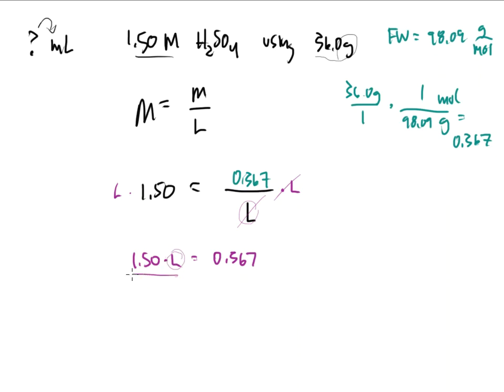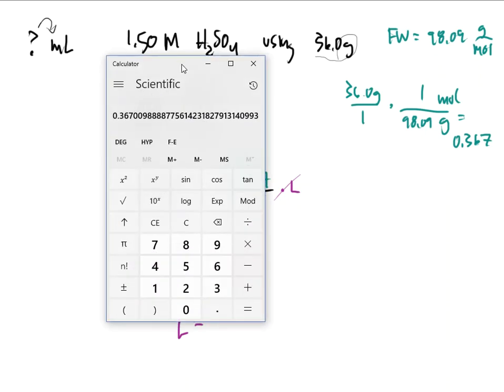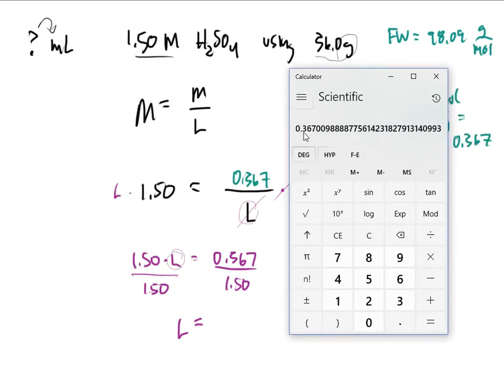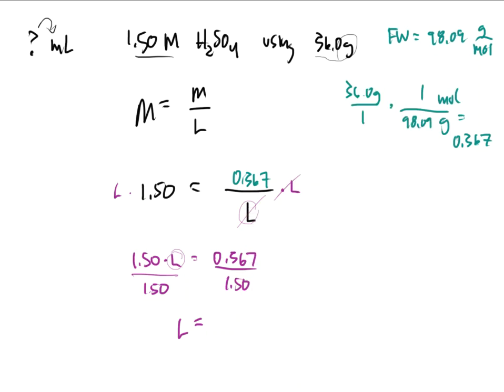That's multiplication, so I'm going to divide by 1.5. So L is equal to 0.367 divided by 1.50. I hit enter, and I get 0.24, and I'm going to round it up to 0.245.